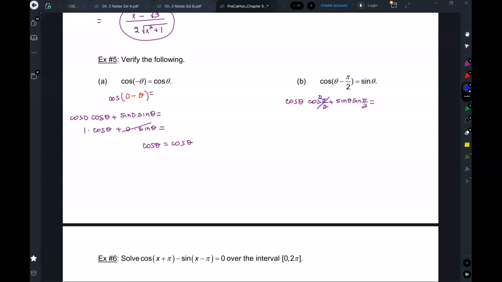So this is 0. That means that whole thing goes away, right? And so we have 0 plus sine of theta times sine of pi over 2? 1. And this is sine of theta. So that too checks out. So some Greek guy was like, oh, I wonder what cosine of pi over 2 minus theta is. And this is how they can figure that out.